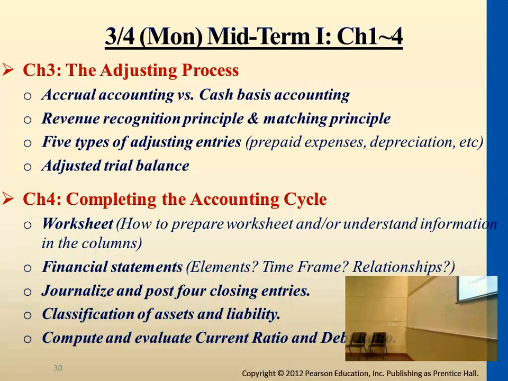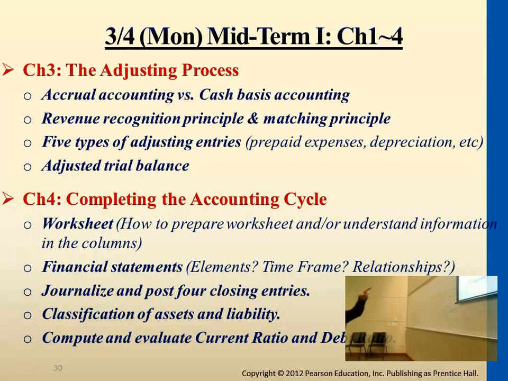Current ratio and debt ratio, you have to know how to calculate these. After calculating, know how to interpret the results. What is the rule of thumb for current ratio? 1.5 is considered good. If it's somewhere in between, it's okay. But if it's lower than 1, it's considered risky.